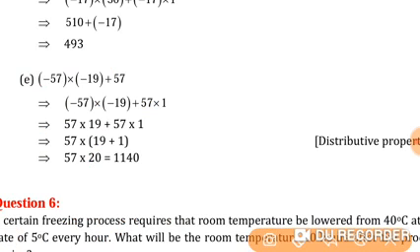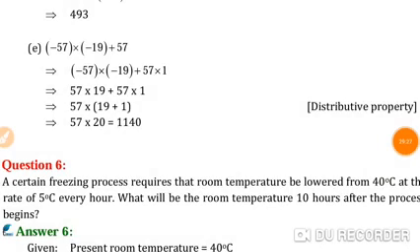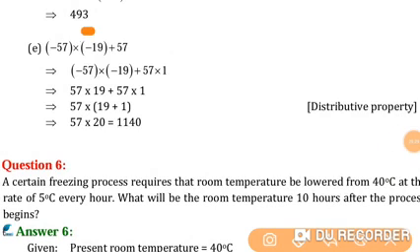But here the bracket is missing, so write the bracket here. So we can keep the bracket here, and then we can distribute the 57 to 19 and also 1.